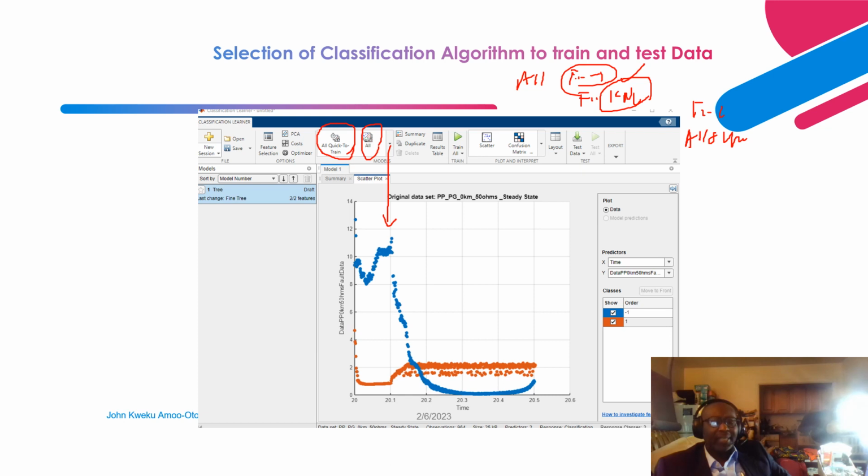I selected all these algorithms for my example, right? But like I indicated, you can select whichever algorithm that you feel will give you the best performance, right? Okay. Then you select train all, this one.